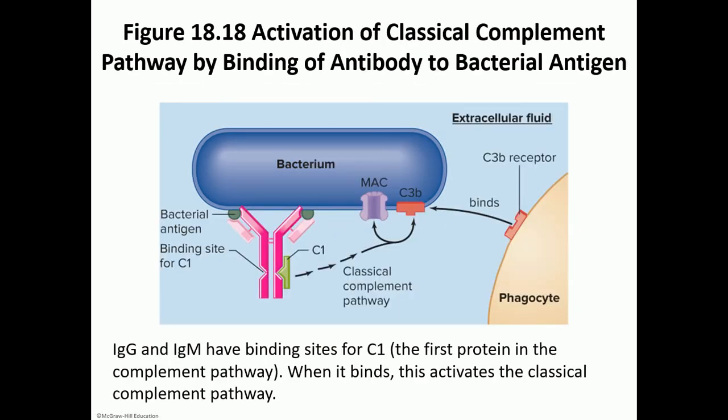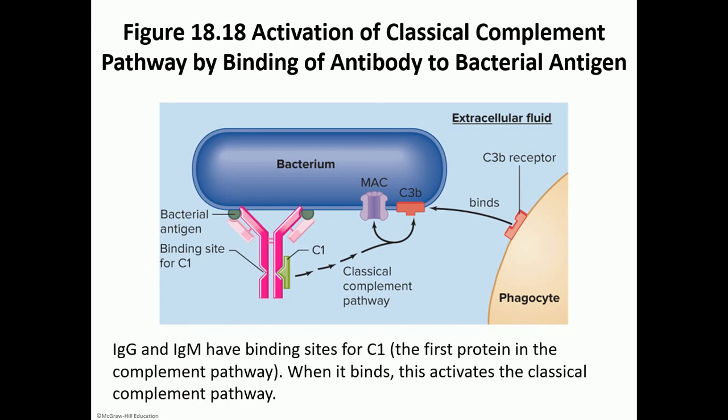Now, what about the activation of the classical complement pathway by binding to the antigen? Remember, first off, in order to activate complement, only IgM and IgG are able to do that. We have two different kinds of complement activation.